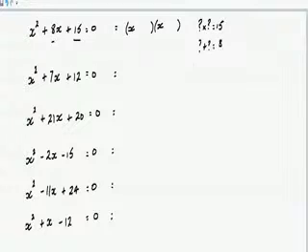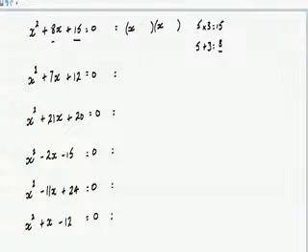So if we said 5 times 3 gives me 15, I know that 5 plus 3 gives me 8. So 5 and 3 must be the numbers that go in the bracket.